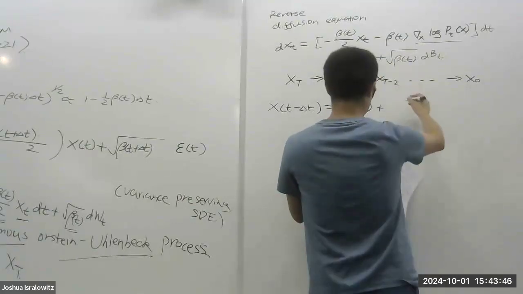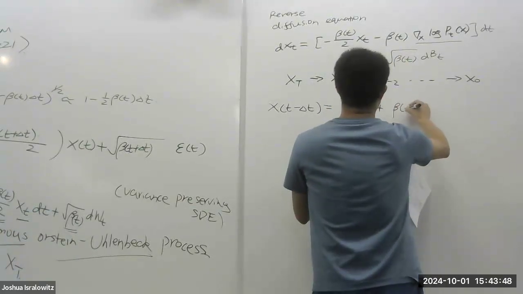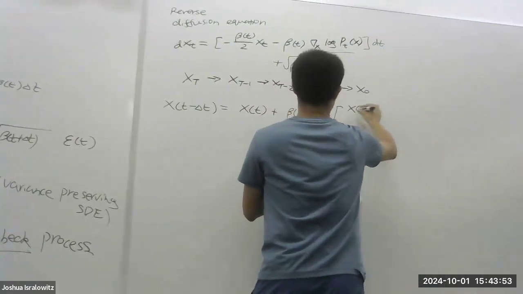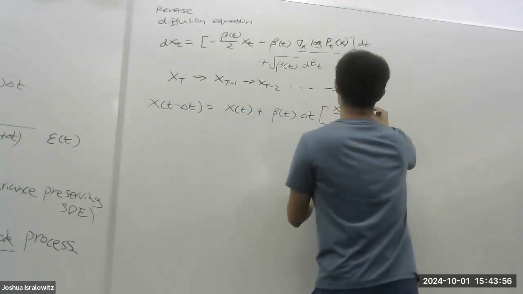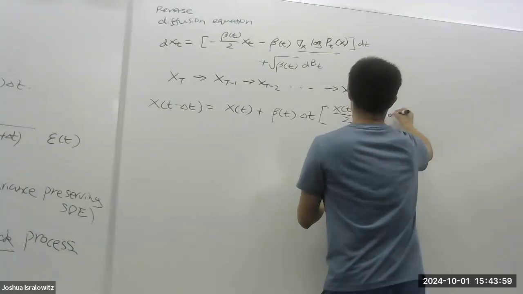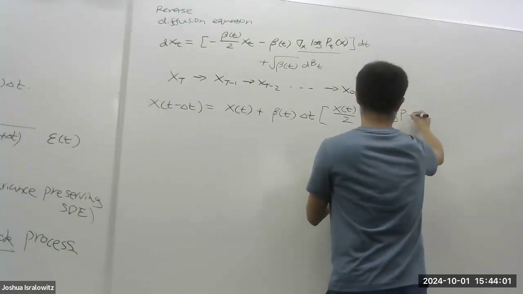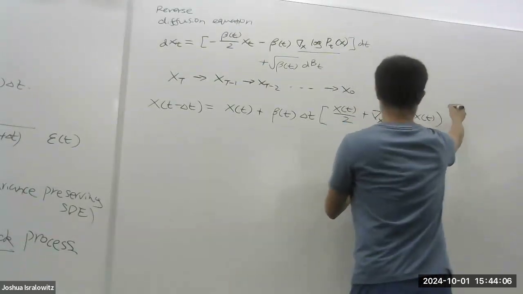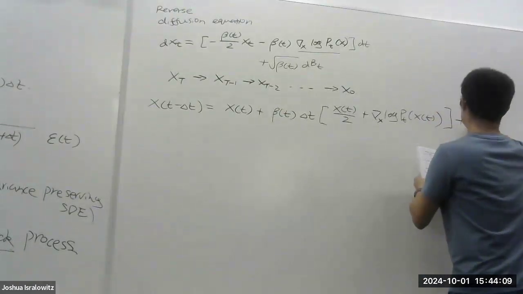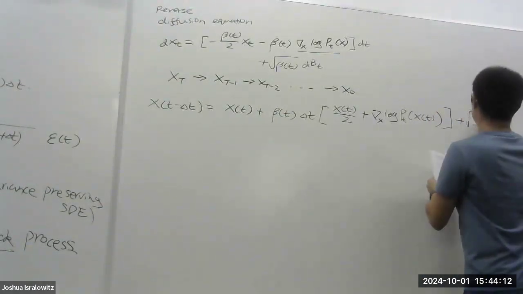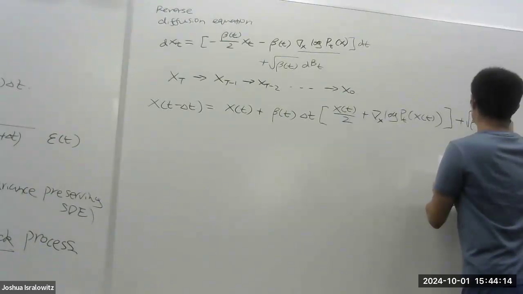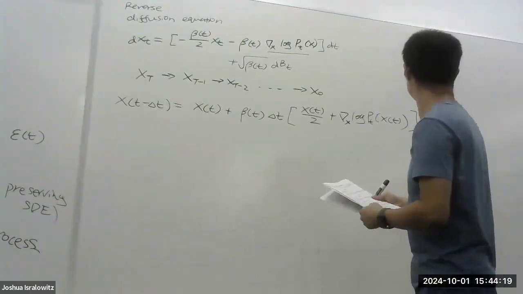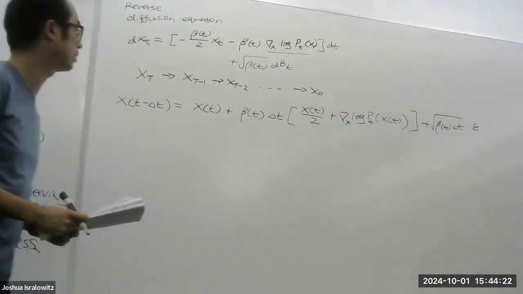So everything minus becomes plus. Plus gradient x of log of p of x, plus square root of beta t delta t and epsilon. So this is basically the discrete form right here.